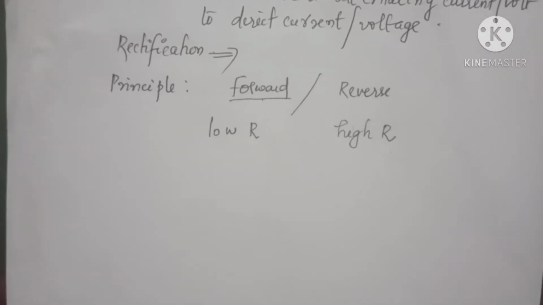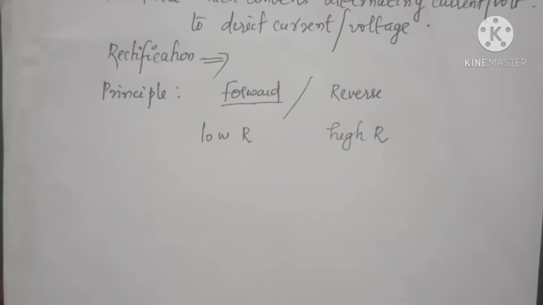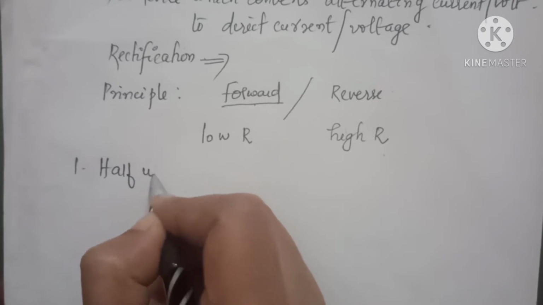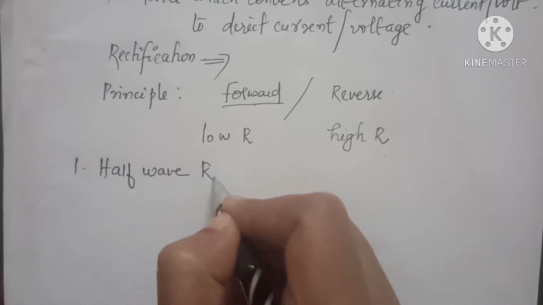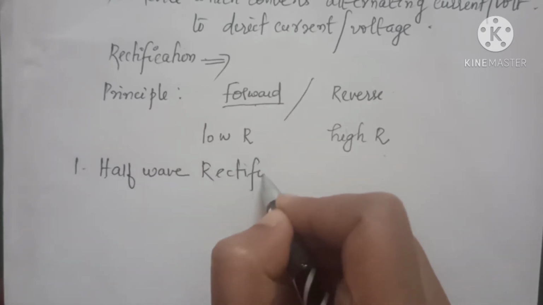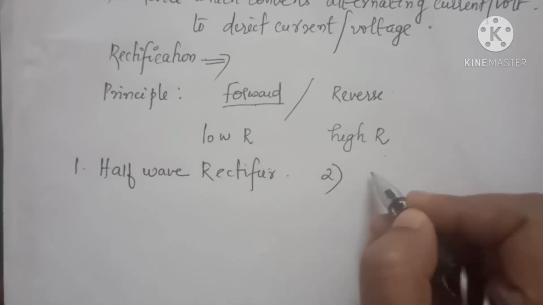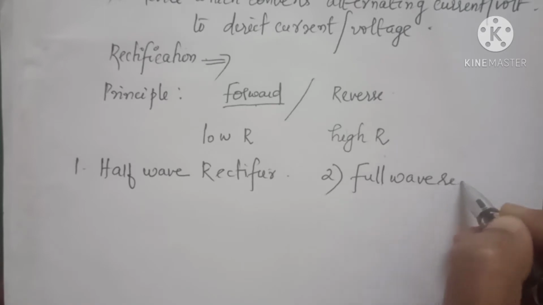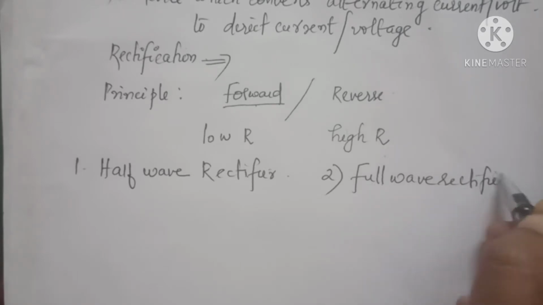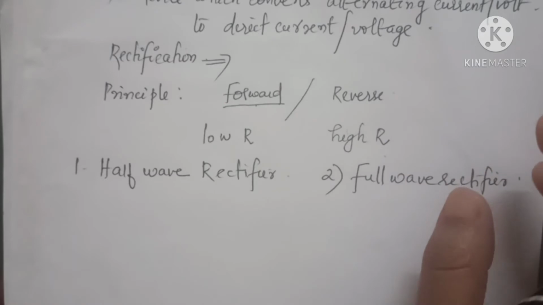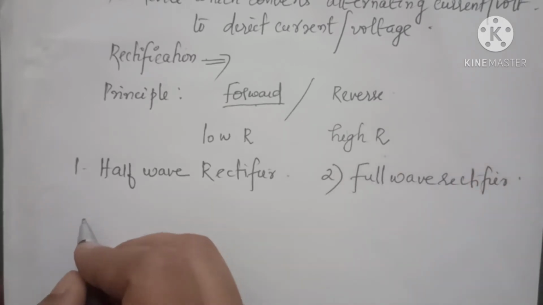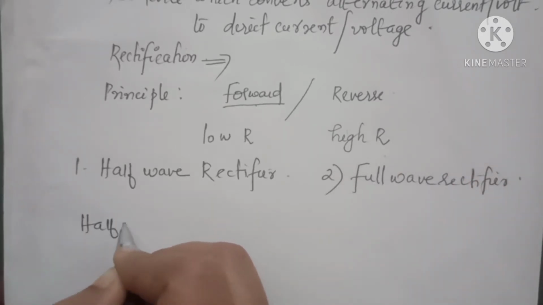Okay, listen carefully. The first one is diode in the form of half wave rectifier. And the second is diode in the form of full wave rectifier. Okay, half wave rectifier and full wave rectifier. So first we will discuss diode as a half wave rectifier.